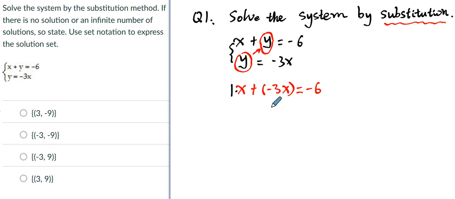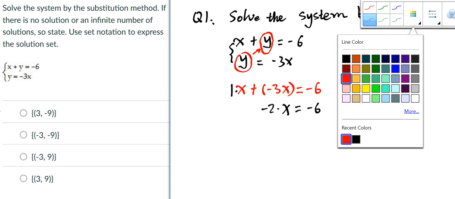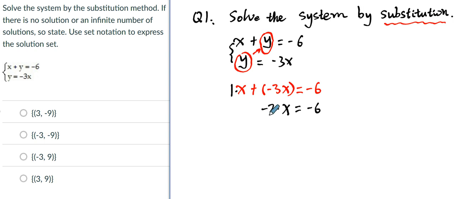Then what we get is -3 plus 1 is -2 times x, which is -6. And then both sides, in this case, can be divided by -2. So we then have x equals 3.